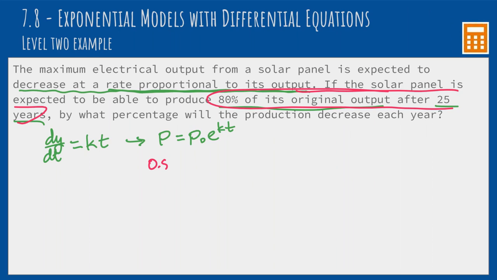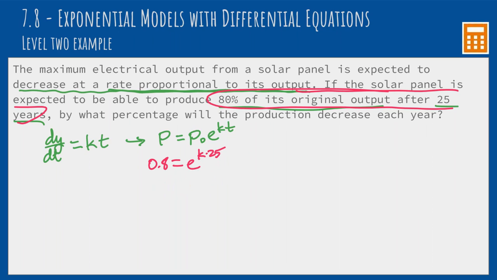So 0.80, I'm sorry, 0.80 equals 1 times e to the k times 25. So pretty simple equation. This equation is indicating that the solar panel is producing 80% after 25 years.